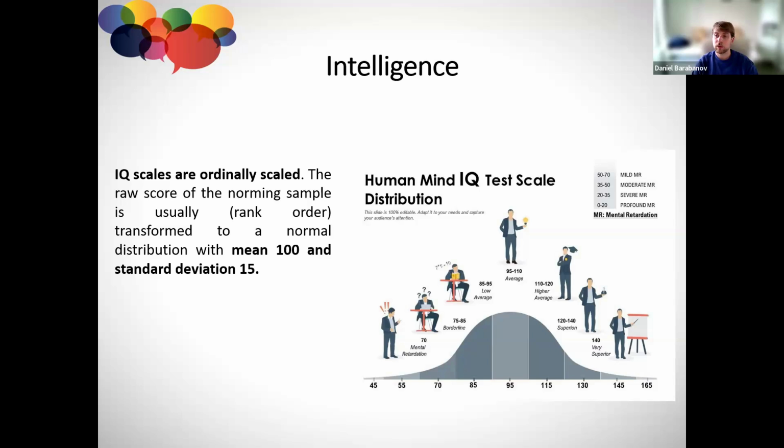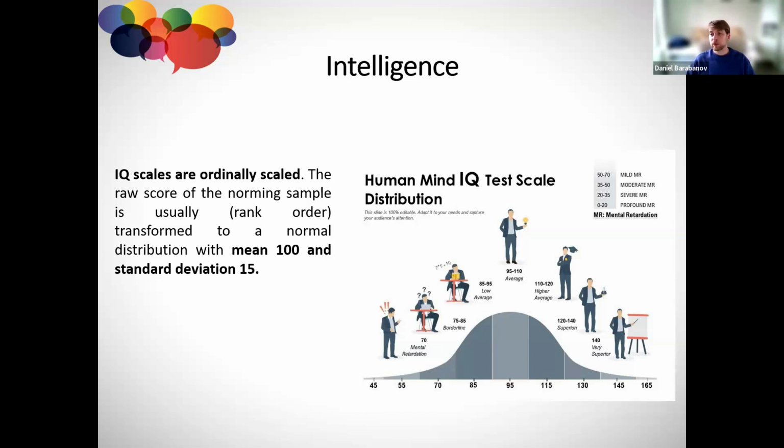If a person has an IQ score higher or lower than one standard deviation, for example, an IQ higher than 115 or lower than 85, it's considered to be higher or lower than average. 96% of people fit in the range of the mean plus or minus 2 standard deviations, so from 70 to 130, and 99% of people fit into 3 standard deviations, so it would be 55 to 145.